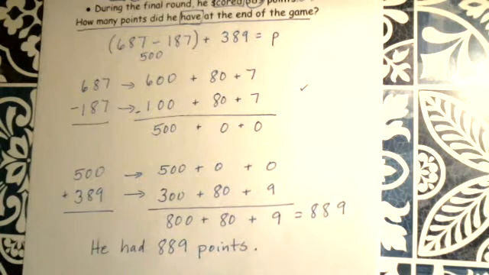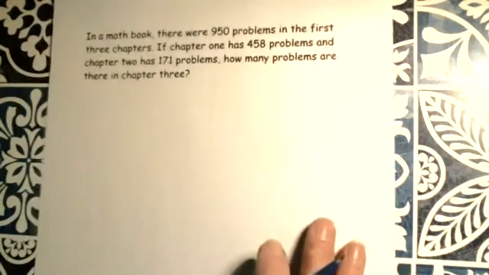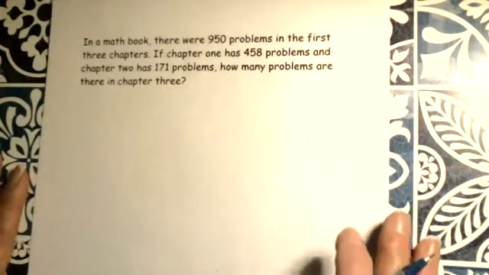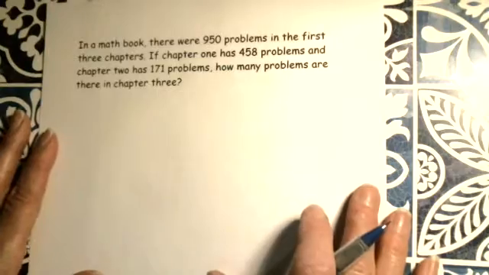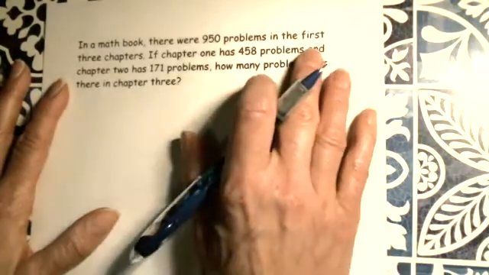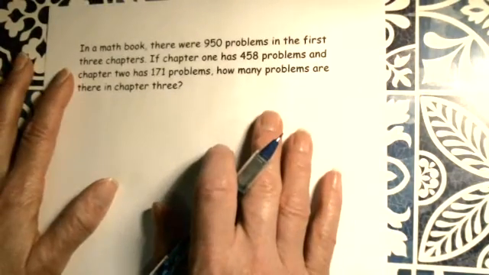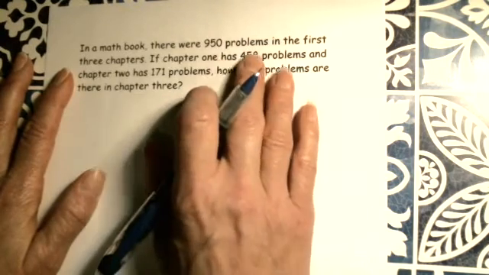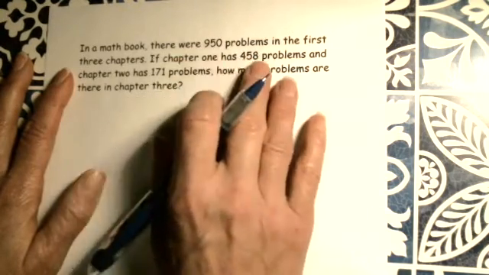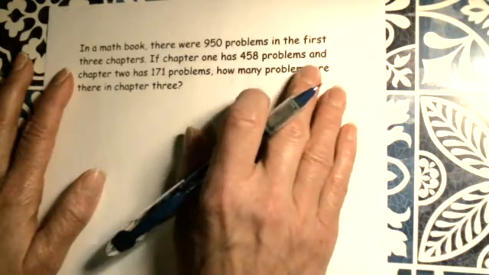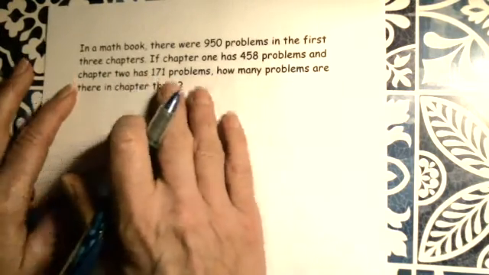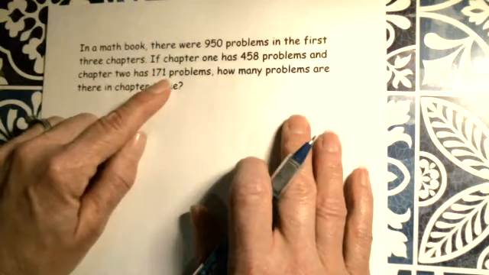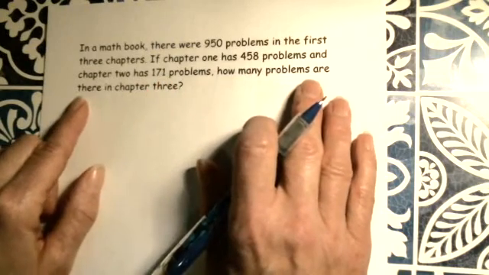Let's look at another problem. In a math book, there were 950 problems in the first 3 chapters. So they're saying in the first 3 chapters, there were 950 problems. If chapter 1 has 458 problems and chapter 2 has 171 problems, how many problems are there in chapter 3?